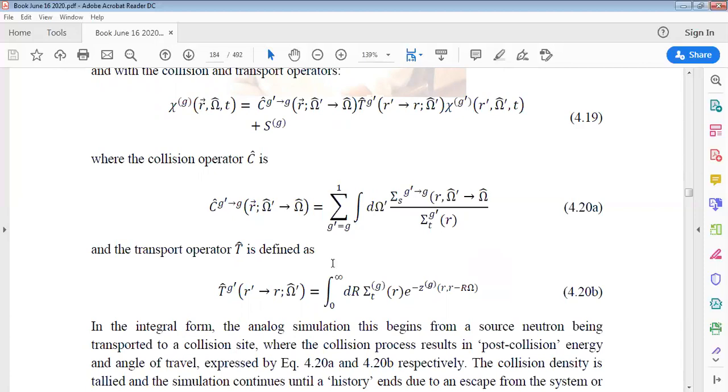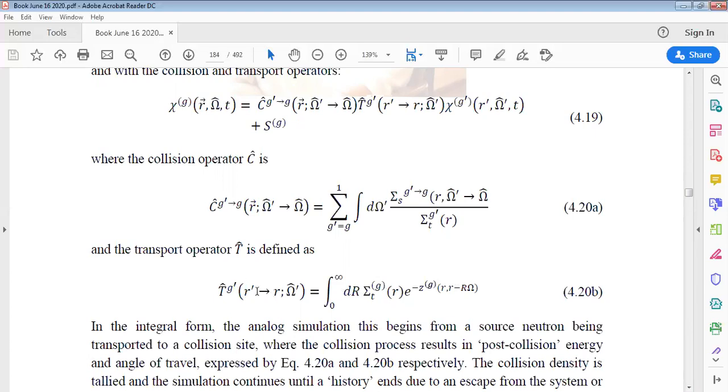The transport operator is the probability of not having a collision while traveling this distance, and then of having a collision at r in dr. So, not having a collision, then having a collision.